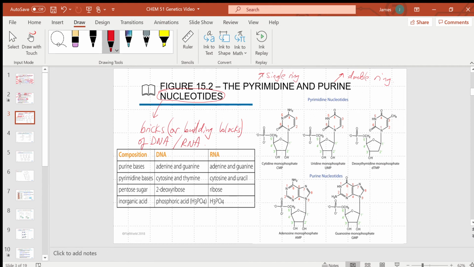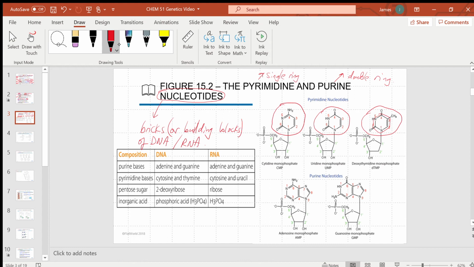So you can see here these bases have a single ring. So these are all pyrimidines. These bases have a single ring. They are pyrimidines. We have a hexagonal nitrogenous base here with a single ring. So these are pyrimidines.